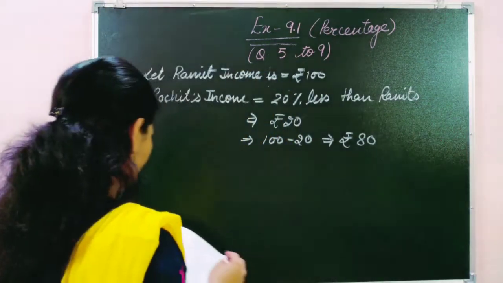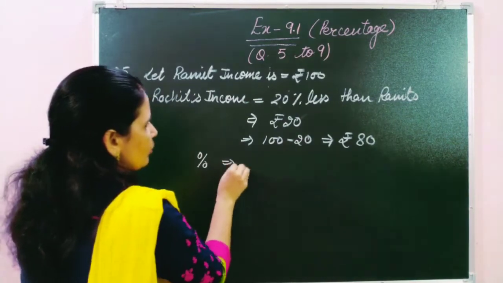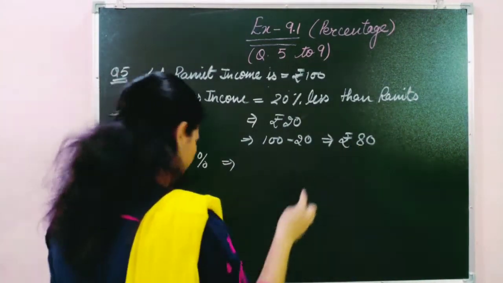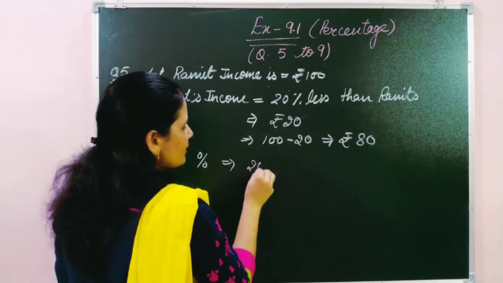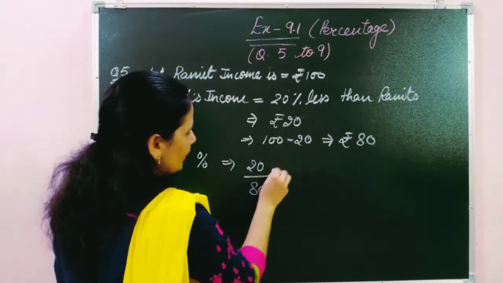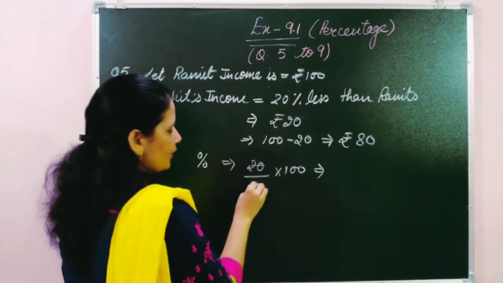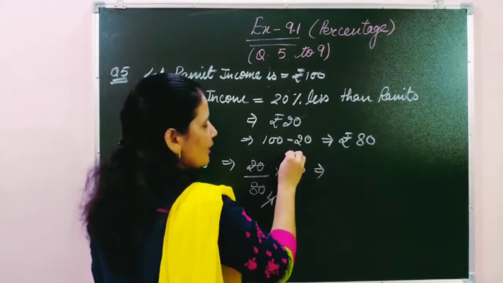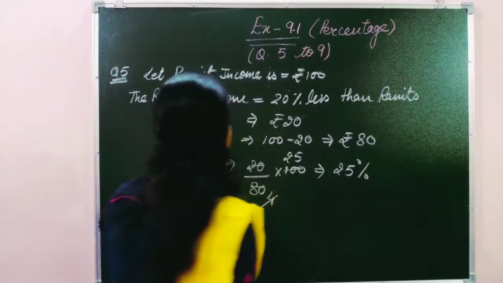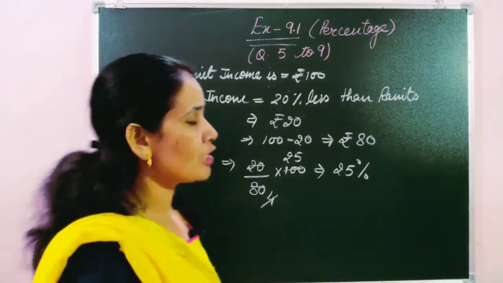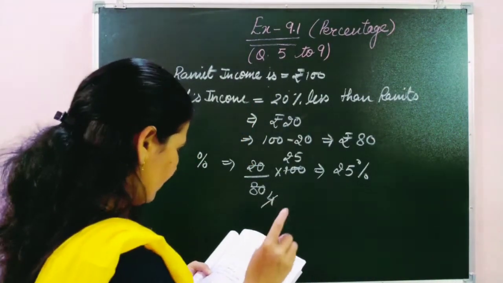Now, students, we have to find the percentage. How much percent is this less than? The difference is 20, the total is 80, then multiply by 100. If we solve this, 8 fours are 32 and 4 twenty-fives are 100, so we get the answer 25%.